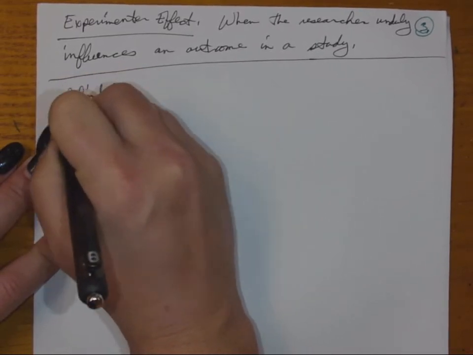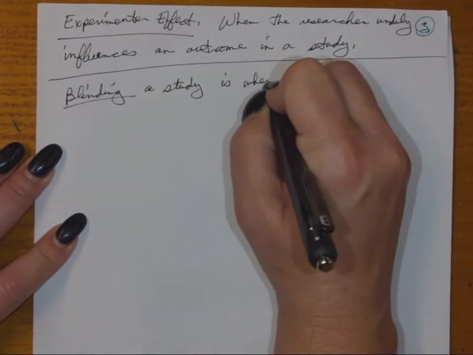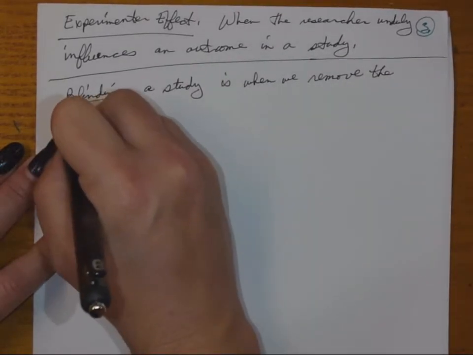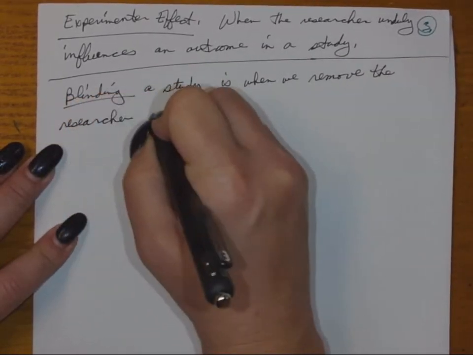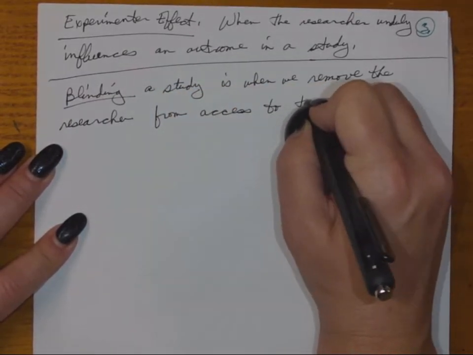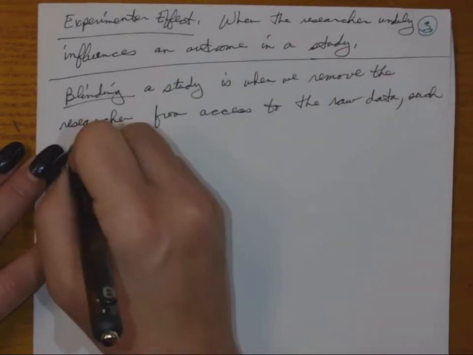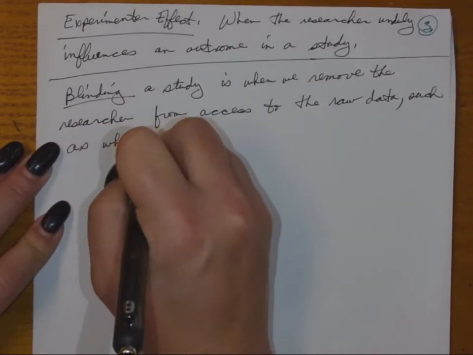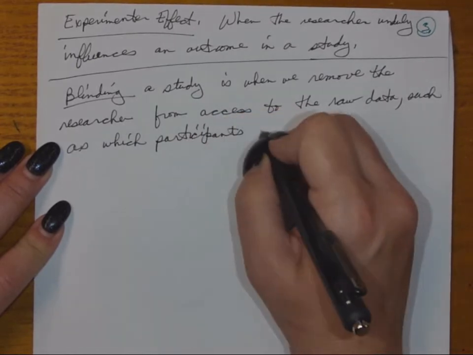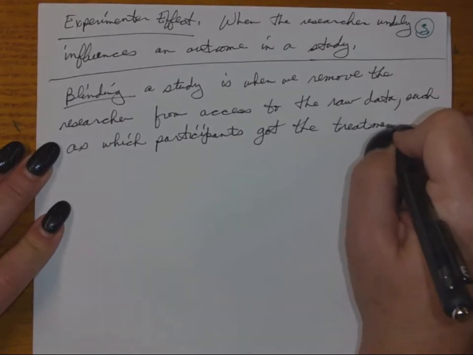Blinding a study is when we remove the researcher from access to the raw data, such as which participants got a treatment, or did not.